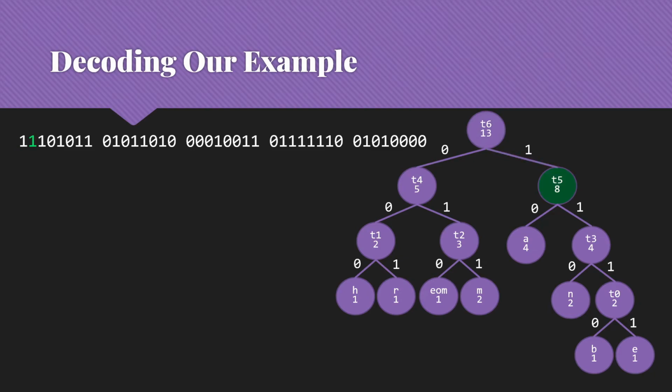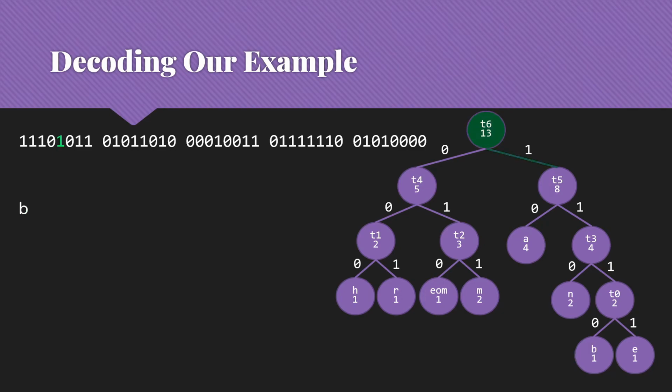Then we'll go right again because we have another 1. Then, of course, we have another 1, so we go right again. And then finally, we're going to get to a 0. So we'll head left and we find the B. So we've got our first character. Now we need to start over at our root.